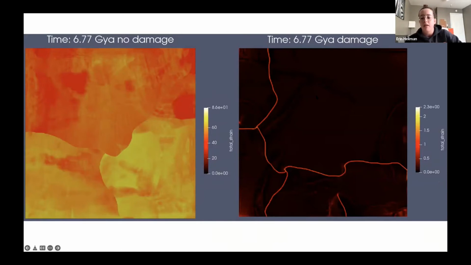Then looking at the model with a damage rheology and that strain healing in it, the values of the total strain are much lower, and you can see that much more of the surface is unstrained. And this is what we wanted, and what you would maybe expect to see over time, that not every single plate is deforming everywhere all the time.